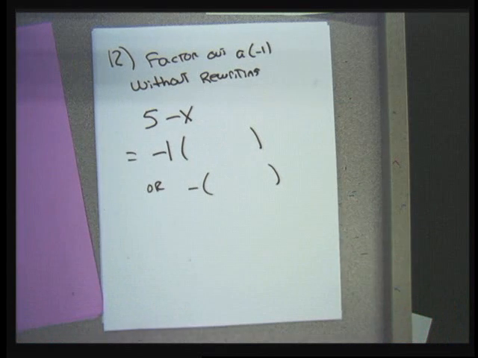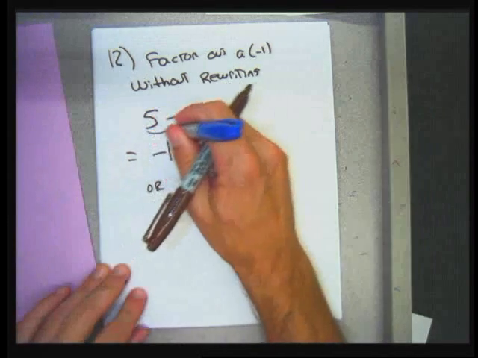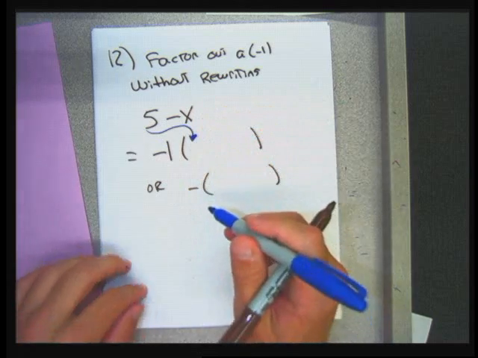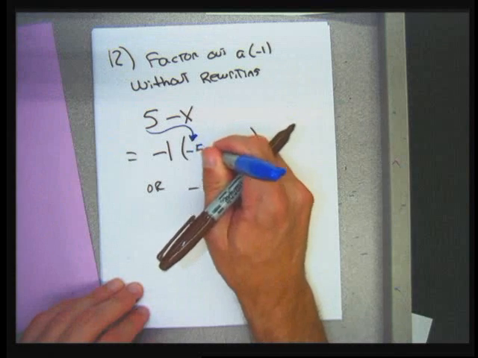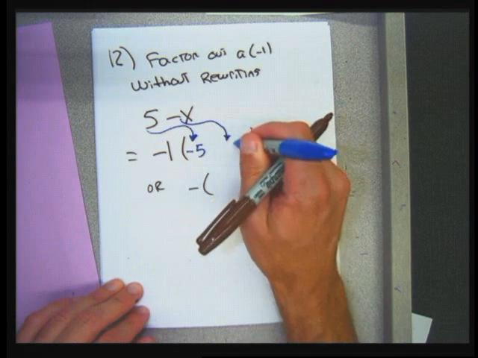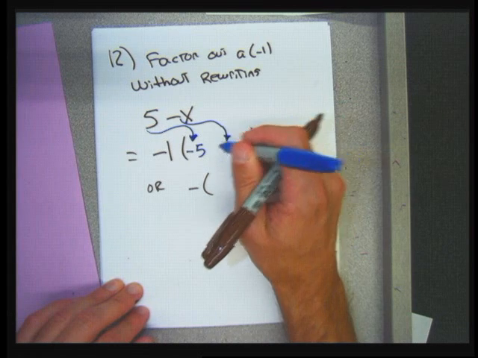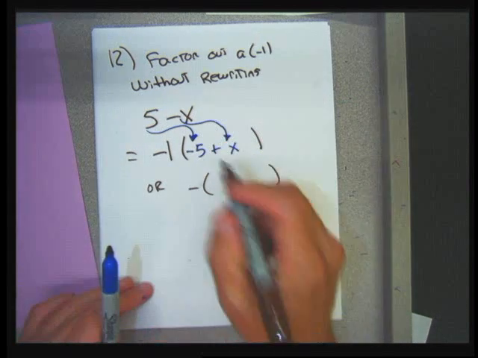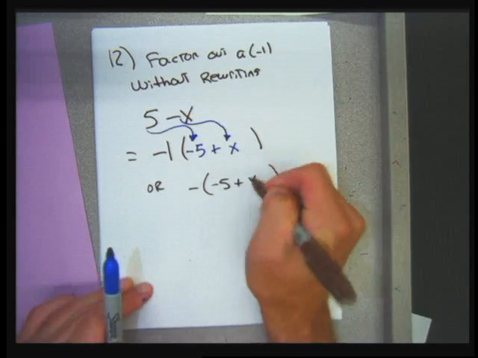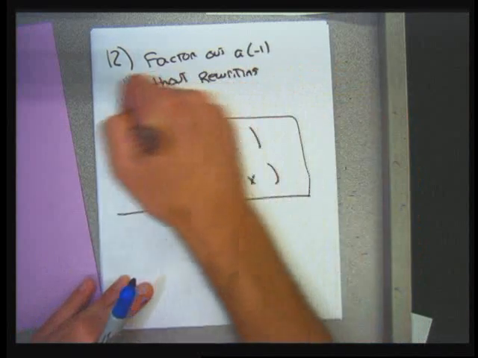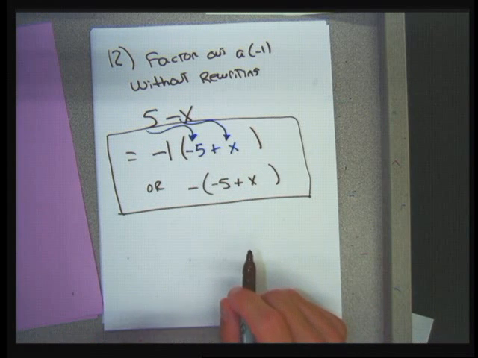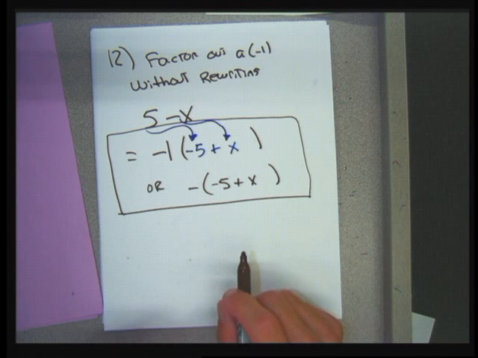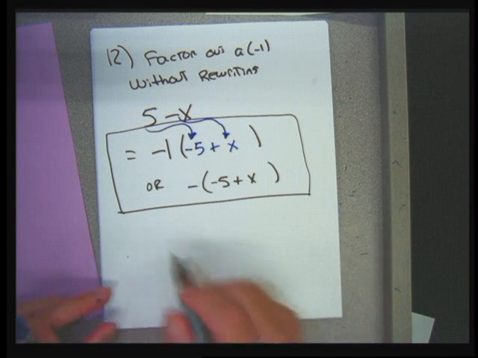And then inside the parentheses, what would I write? So this 5 didn't have a sign in front of it, so there's an implied positive. You flip the sign from positive to negative. And then in front of the x, I'm going to get a plus. When I'm factoring out negatives, I flip signs. And these are both correct answers to the original problem, but odd answers. Generally, we only factor out a negative if the first term that is written is a negative.